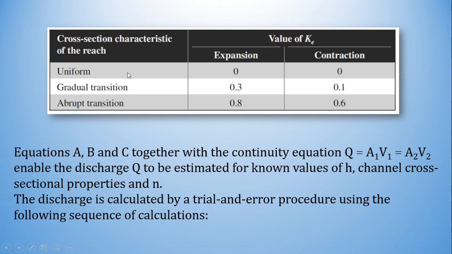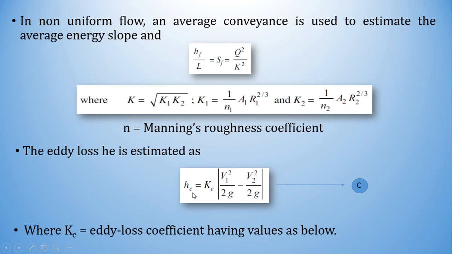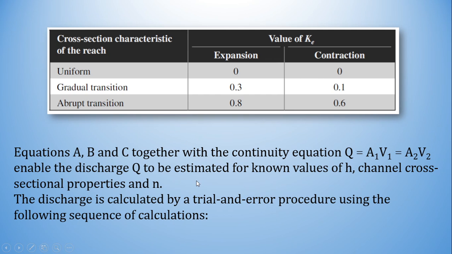If there is no change in the cross section from section 1 to section 2, that means the section is uniform, there is no expansion, no contraction, then the value of K suffix E will be 0, and ultimately the value of this eddy loss will also be 0.